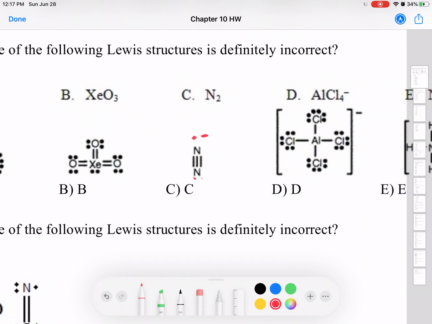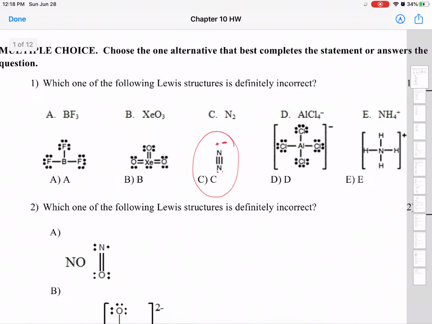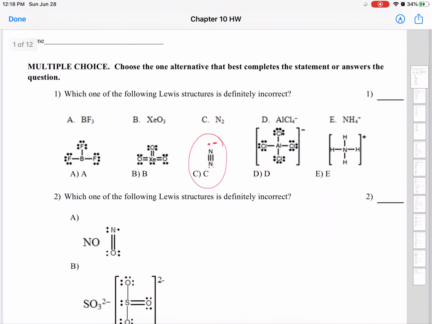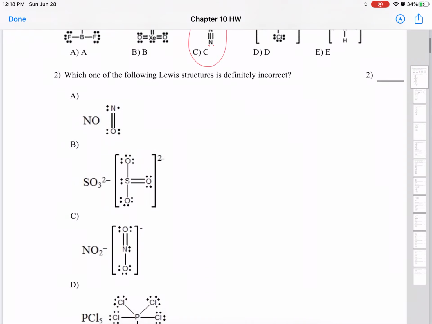Since nitrogen does not have 8 electrons and is missing lone pairs, the definitely incorrect structure is the nitrogen. And then the aluminum chloride, AlCl4-: aluminum is a valid structure. Aluminum has 8 electrons and also has a formal charge of -1. So out of all these choices, the nitrogen is the incorrect one.